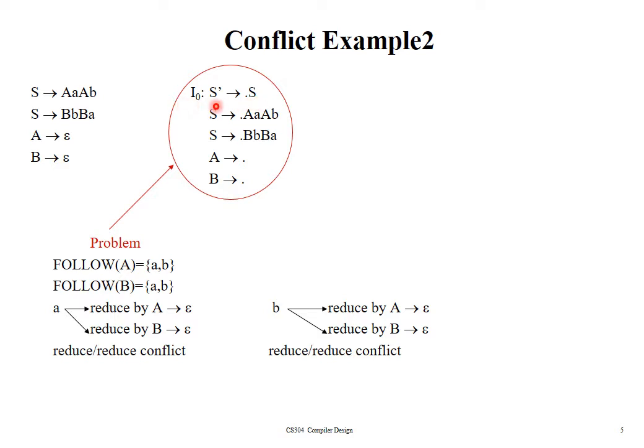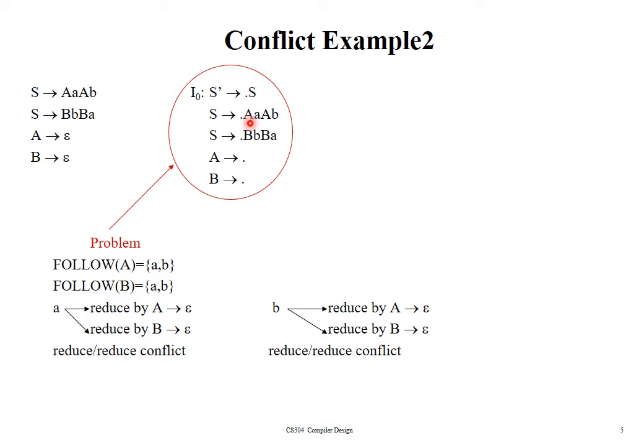In this case, after the dot there is a capital A, so we have to add the productions of capital A, and that is A gives epsilon. One thing we have to notice here is that if the production has only epsilon on its right hand side, we simply put a dot over the right hand side in the item construction.